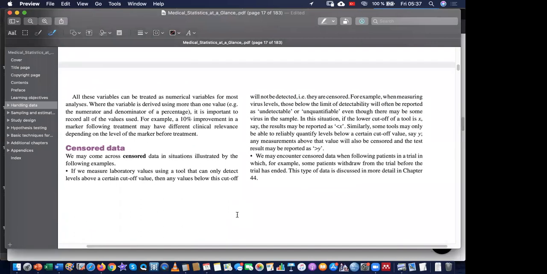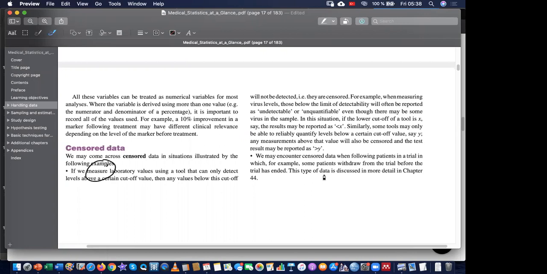Before giving a break, let me tell you about censored data. There might be cases where you cannot collect data from your participants. This can happen in two ways. Either it's not possible to measure, or you cannot collect the data because the patient is lost.